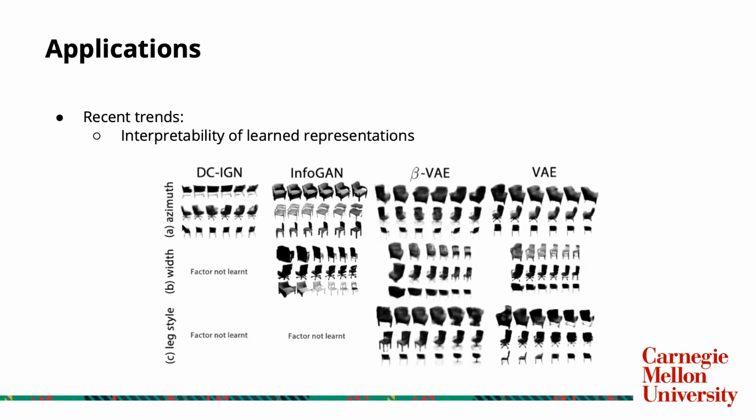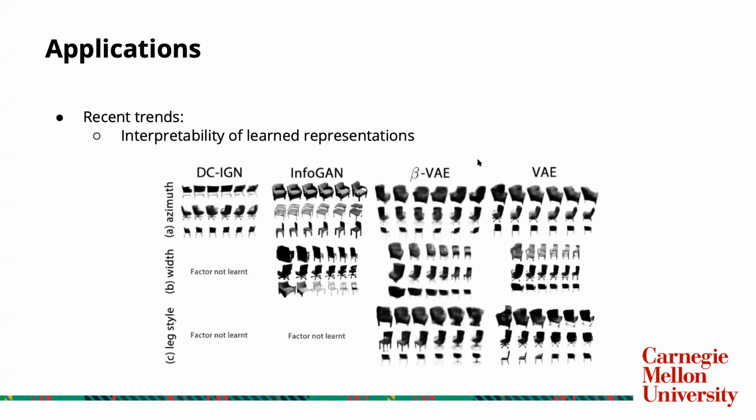So in the first row, you see that the chairs are overall the same, but they differ only in how much rotation there is in each of the columns. So this means that there is a dimension in your embedding that if you perturb a little bit, everything else in the output stays the same, but the rotation of the chair differs. And similarly for width and leg style.